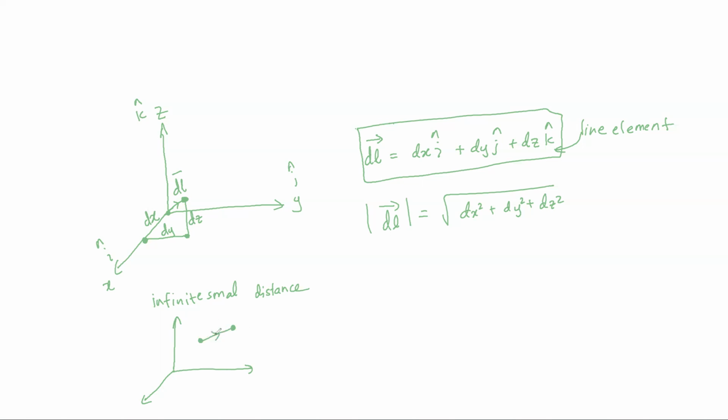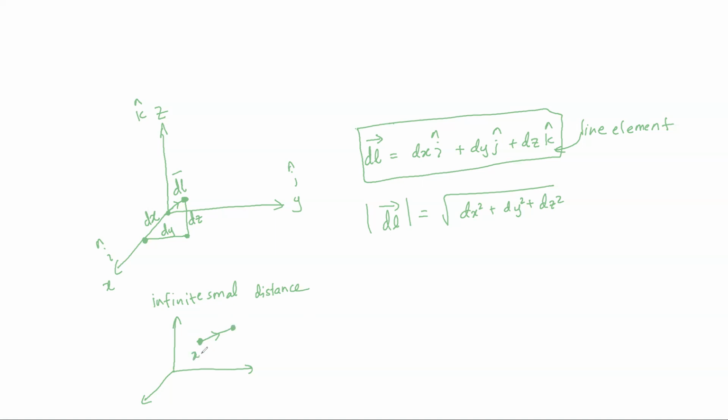That means that if we started going from here to another point, an infinitesimal distance, a very small distance, then the line element will be the vector from the initial point until the end point or final point, right?